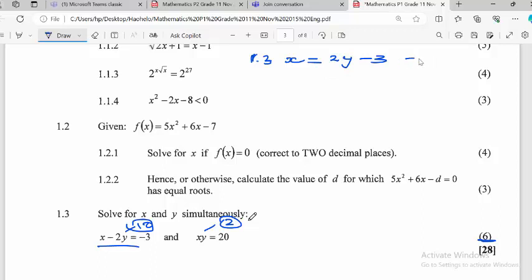I want to call this equation 3, and I'm going to substitute this part into x. So where there's x in the second equation, I'm going to substitute 3 into 2.